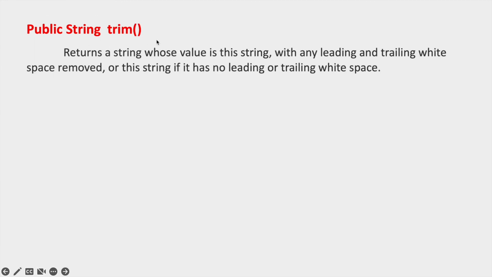Trim method. This method is very important in the string class. It is used to remove the white spaces of a string before and after. Note, this method will not remove any white spaces in between the two strings or string objects. Let us see an example.